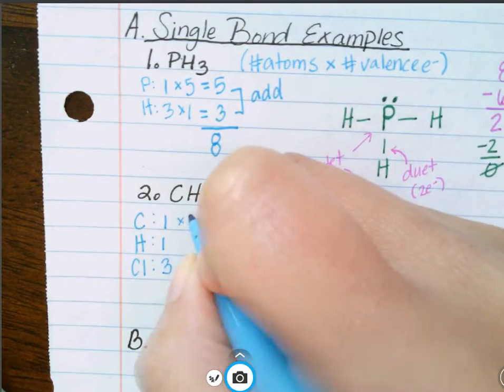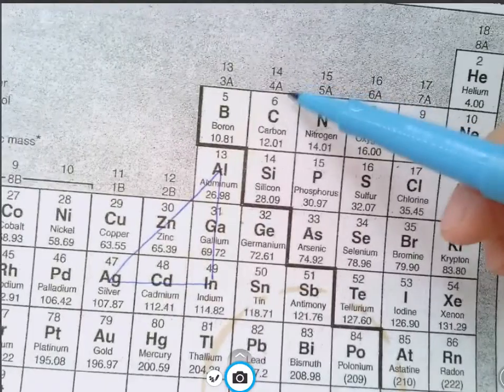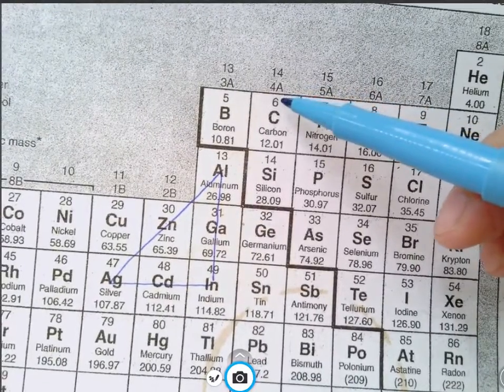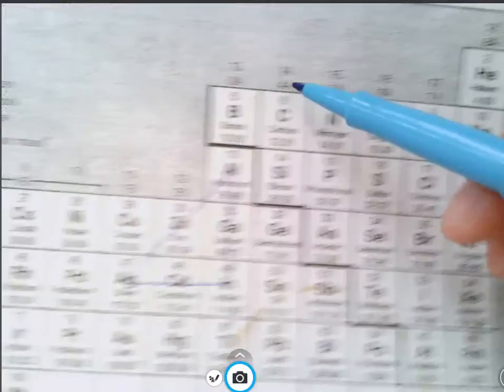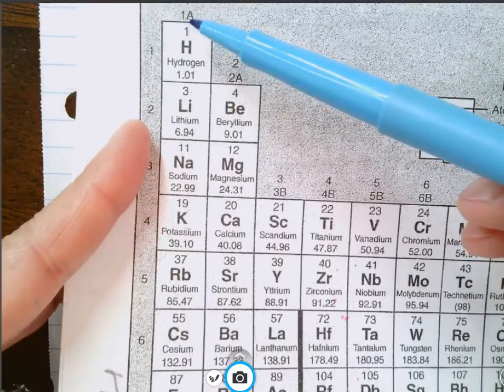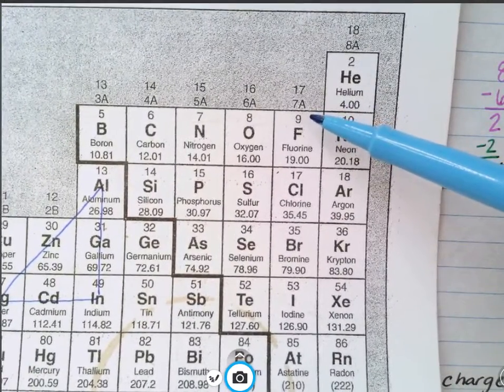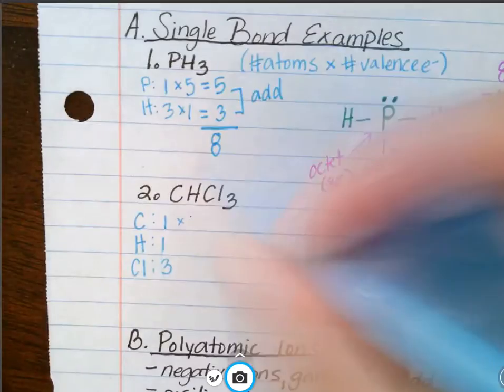So looking at the periodic table, remember that the group A elements tell you how many valence electrons. So carbon has 4, hydrogen has 1, and chlorine right here has 7. 7A, 7 valence electrons.